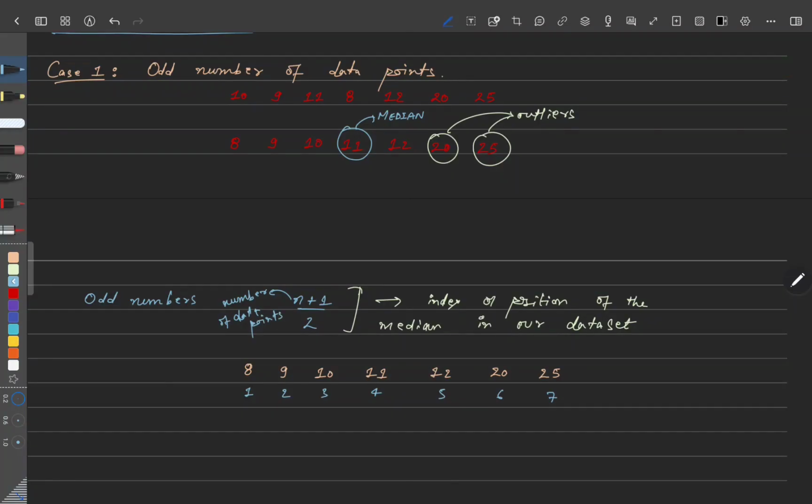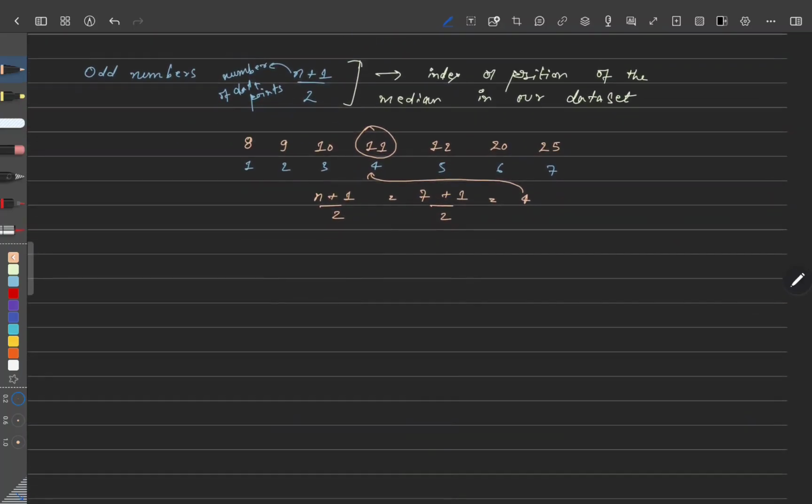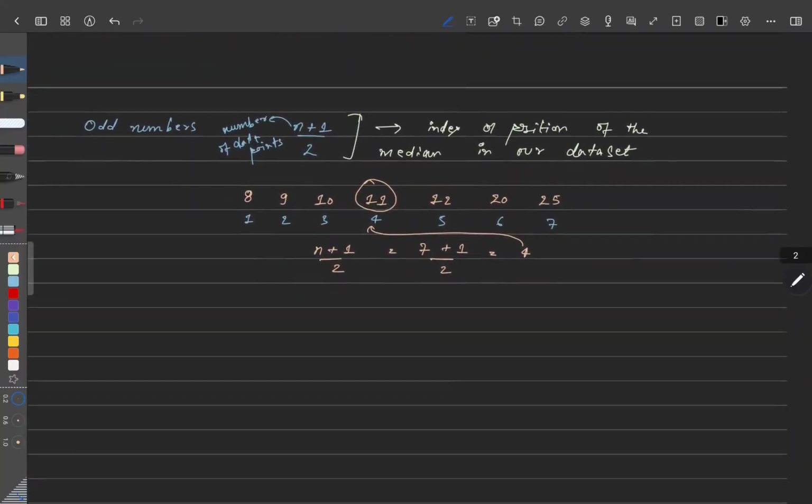So let's apply the formula, which is n plus 1 by 2. So we have 7 data points, plus 1 divided by 2, 4 is the index position, so this 4 matches with this 4 and in turn gives us median as 11. Okay, let's do case 2.